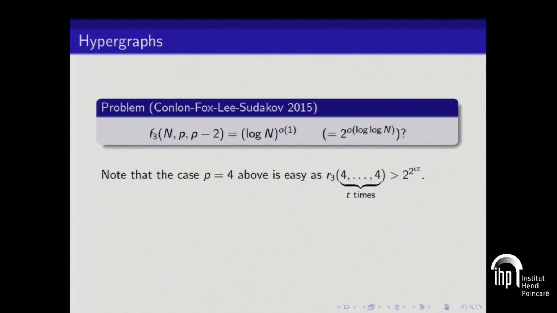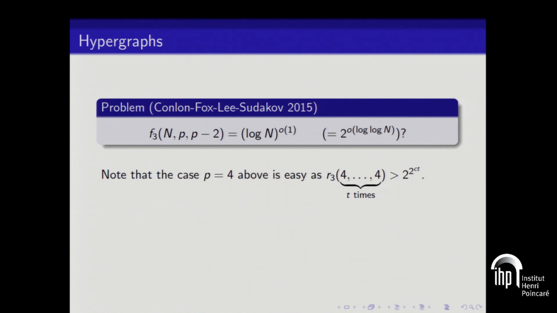So anyway, there's a hypergraph version of the problem I spoke about on the previous slide, and there's a very similar first transition conjecture for 3 uniform hypergraphs and in general for k uniform hypergraphs, but it's too complicated to state. I'll just state the 3 uniform version. The problem was posed by Conlon, Fox, Lee, and Sudakov that when you're looking at this threshold, it's much smaller than log n.